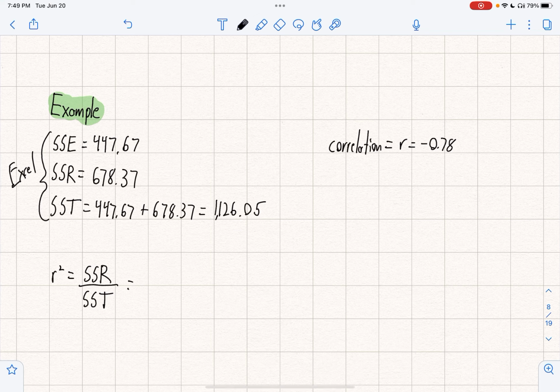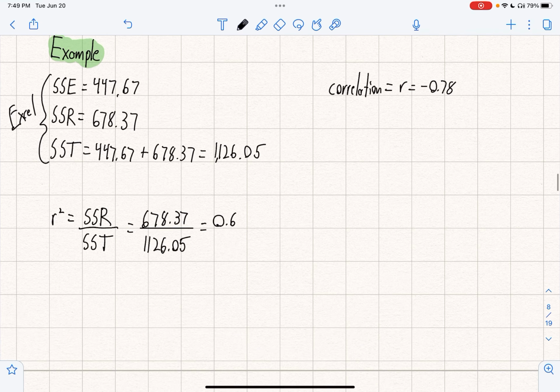So we would plug in 678.37 divided by the total sum of squares, which is 1126.05. So that's this number and this number. Notice that the total sum of squares is just the error sum of squares plus the regression sum of squares. When we do that, we get a value of about 0.6.